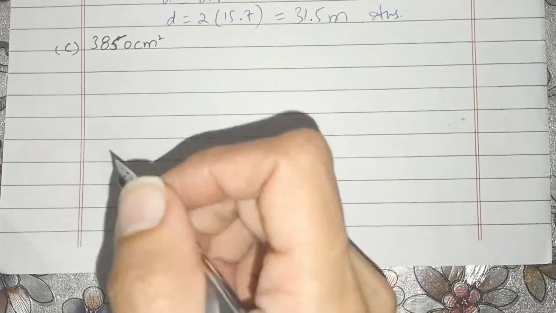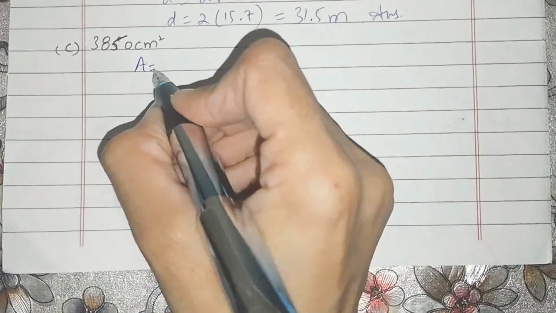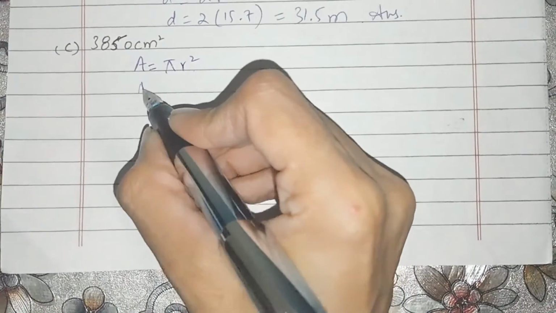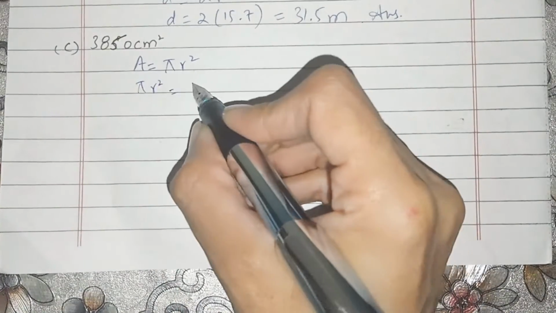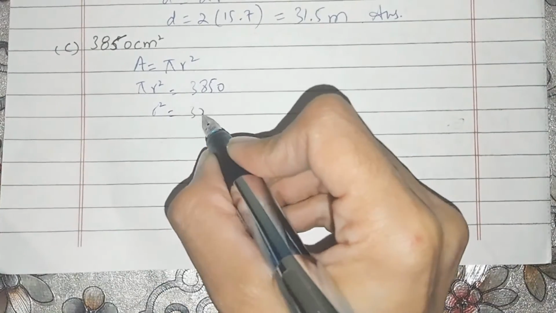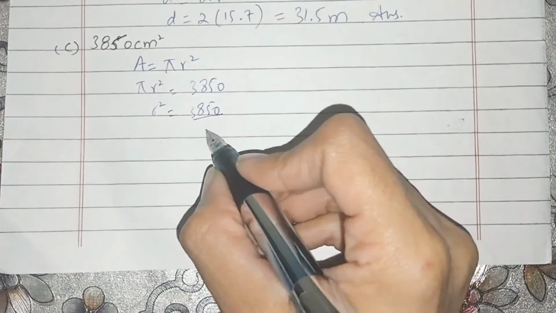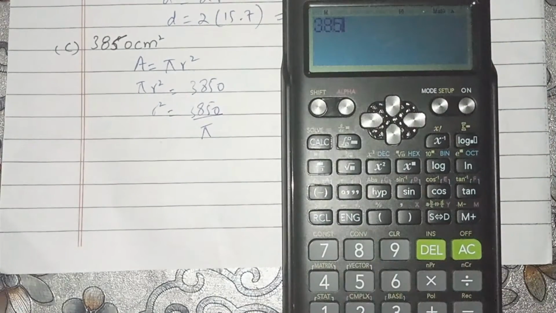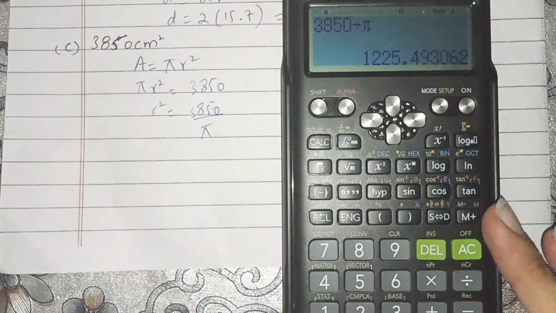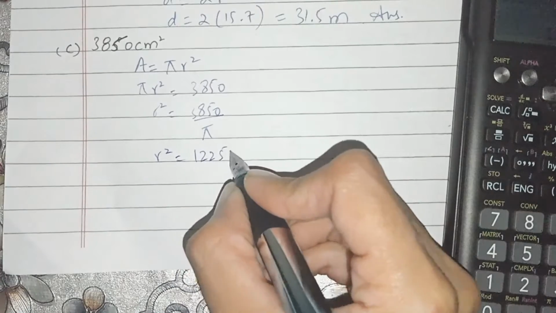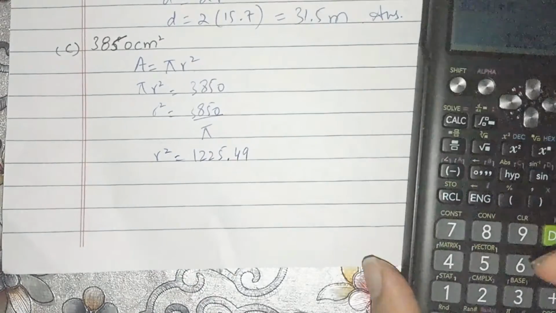Now part number C, and area's formula. Area is equal to pi r square, and area is given to us. We first find the value of r. 3850 divided by pi, and we get r square is equal to 1225.49.